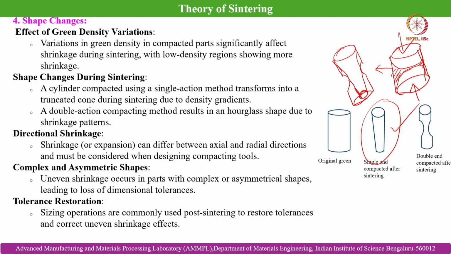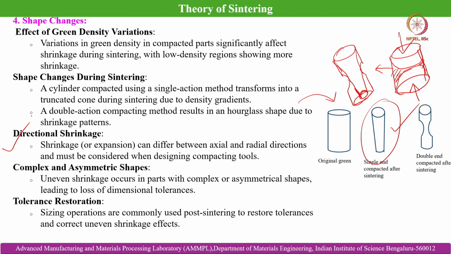That is again connected with the effect of green density, explained over here, and directional shrinkage. Shrinkage or expansion can differ between axial and radial directions and must be considered when designing compacting tools. This is an important criterion.